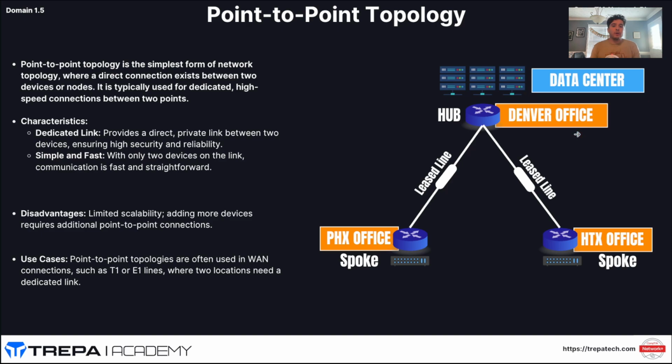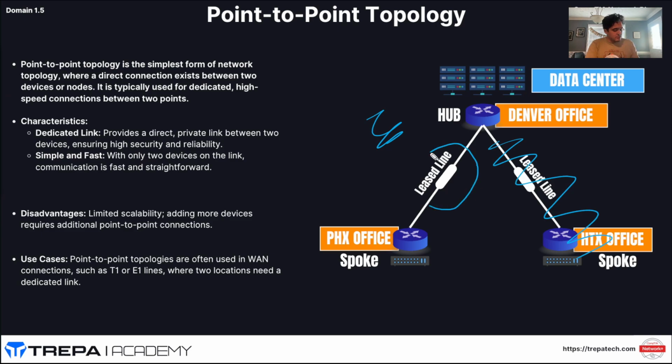Then we have point-to-point. So even though I have hub and spoke up here, let's not get complicated. What I want to show you with point-to-point is if we take out the secondary connection over here. So let's just say we get rid of this, right?